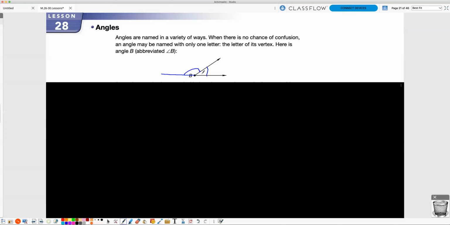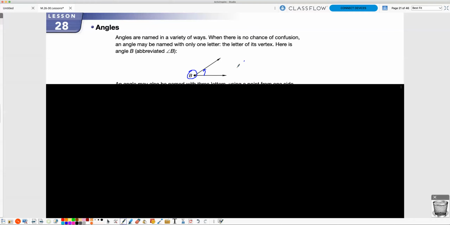So this one just has one angle that is formed, this angle right here. So the letter B would be the name of that angle. It's abbreviated angle B.